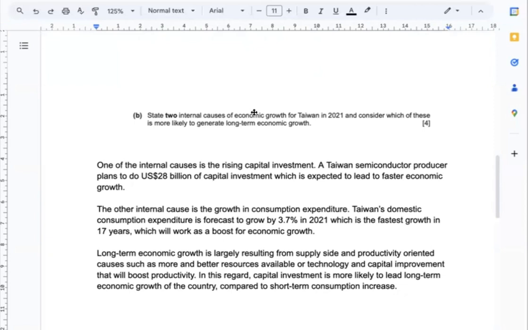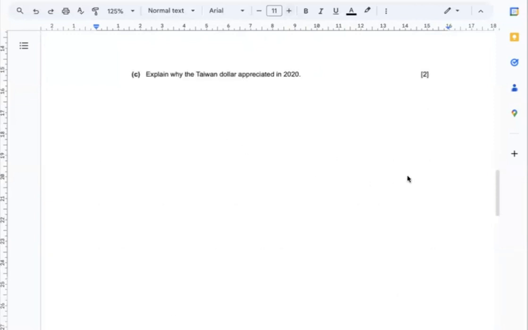And the thing is, long-term economic growth is largely resulting from supply side and productivity-oriented causes, such as more and better resources available or technology and capital improvement. So I guess in that sense, capital investment is more likely to lead to long-term economic growth of the country compared to short-term consumption increase.